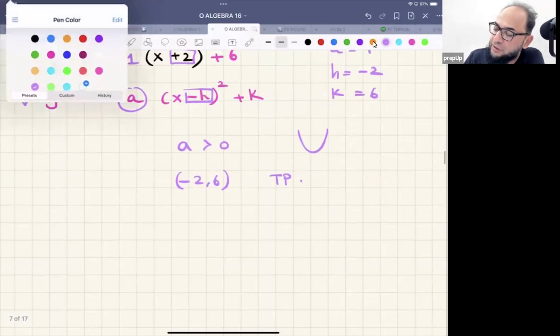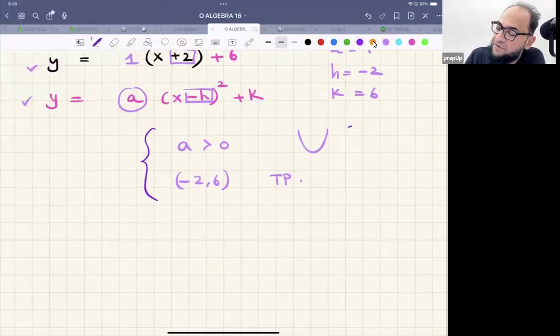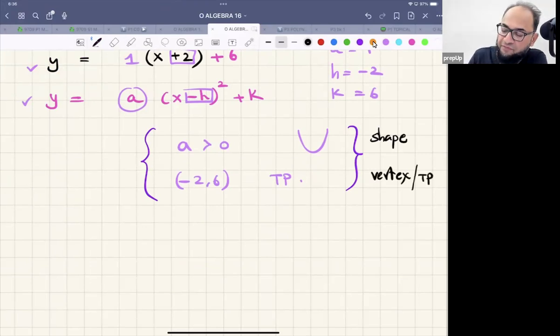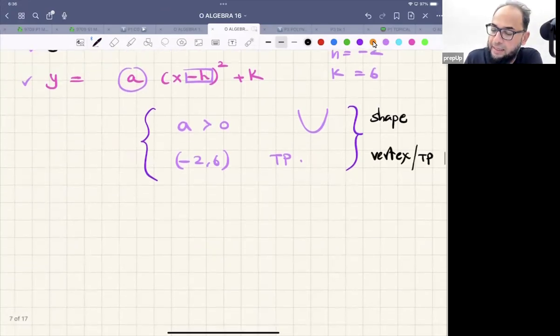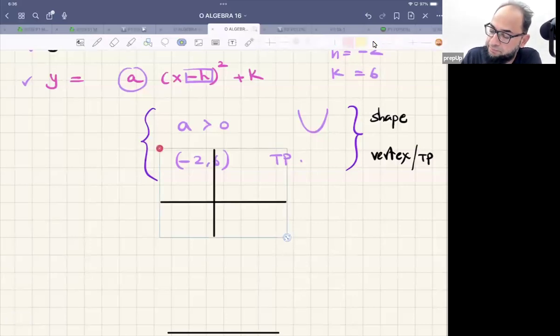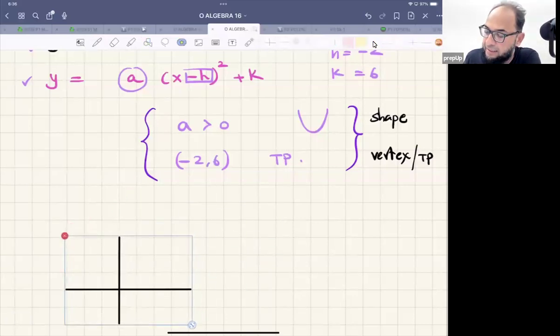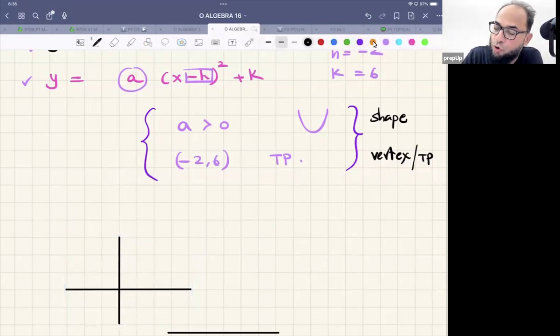So we are interested in two things. We are interested in the shape. We are interested in the vertex or the turning point, and we will sketch the graph. So let me just add a grid over here. And let me mark the point negative 2 comma 6.